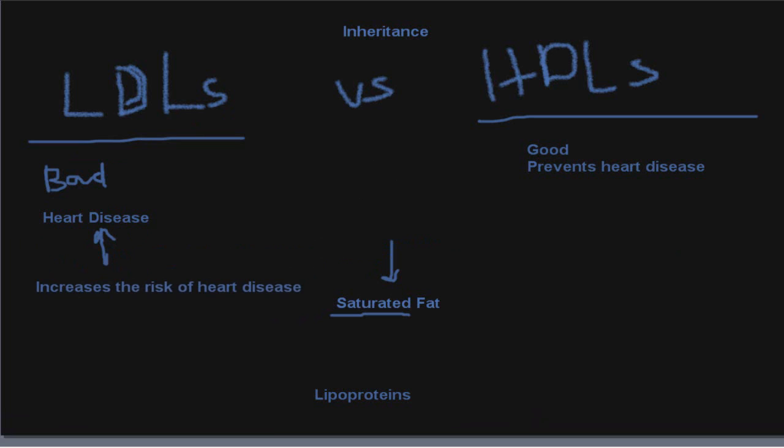And as a side thing, we have inheritance up here, but what does that mean? Inheritance is basically to do with what you inherit, or like the genes, which is all to do with DNA, not the clothing genes. The genes you get from your parents when they made you, and it determines how your body is. And you need to know that cholesterol levels and also metabolic rate, which we went over last time, can be determined by inheritance.